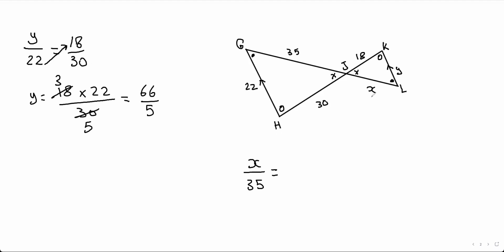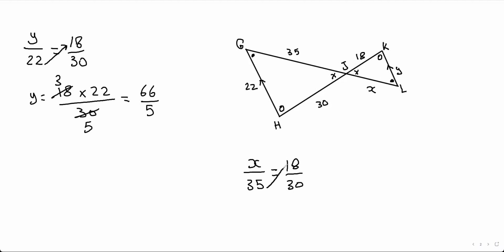And you know how I went x over 35? I must go 18 over 30. I cannot go x over 35 and then 30 over 18, because I started right here with this little triangle. So x over 35 should equal 18, which is from the little circle to the x, and from the little circle to the x here is 30, but I could just steal it right from here.